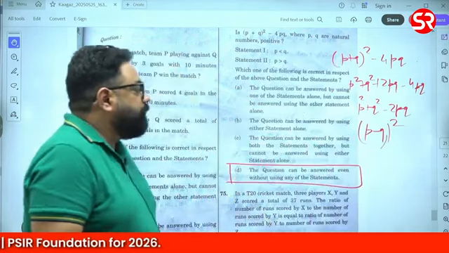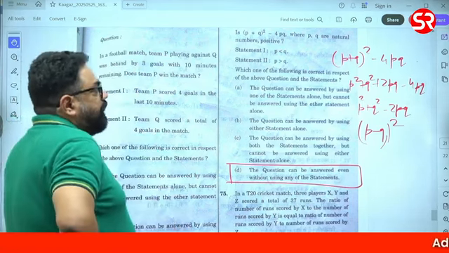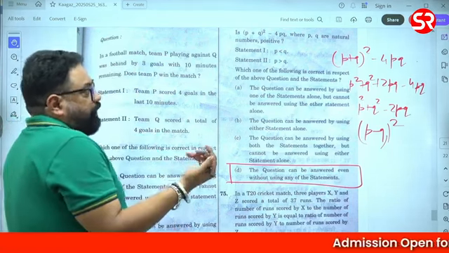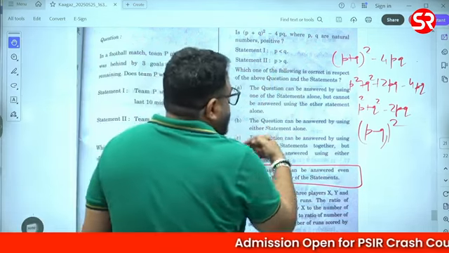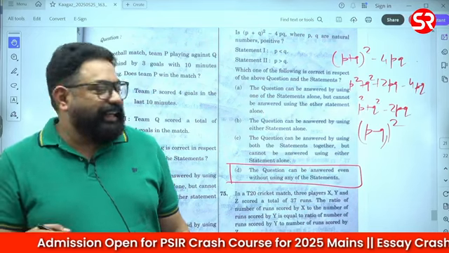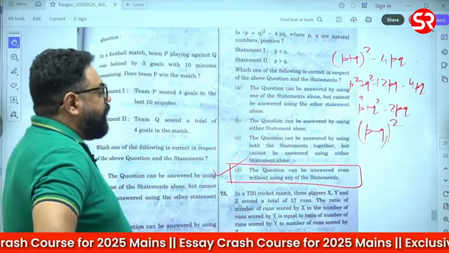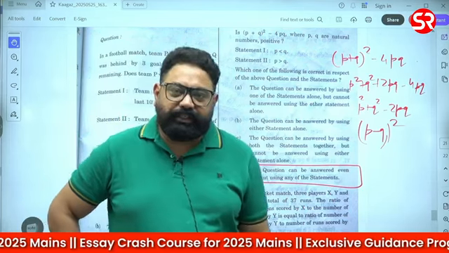This has to be positive, right? This is a whole square, this is always positive, isn't it? The question can be answered even without using the statements.